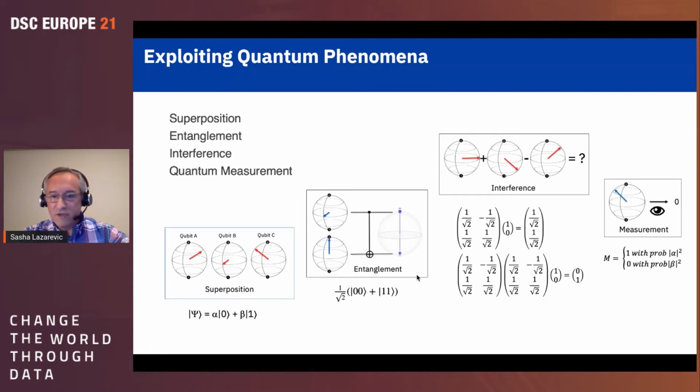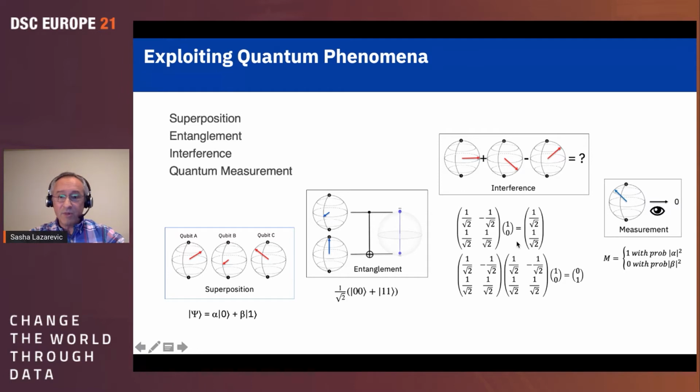Then there is quantum interference. So here you see, for example, that if I take this unitary matrix and I multiply it with this vector, and this vector is actually a probability amplitude vector, I will get another probability amplitude vector where these values are changing. So 1 is going down and 0 is increasing.